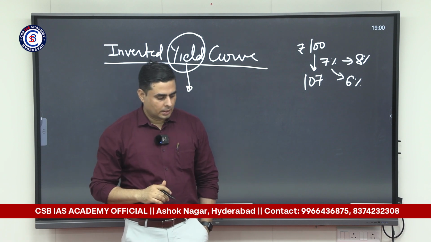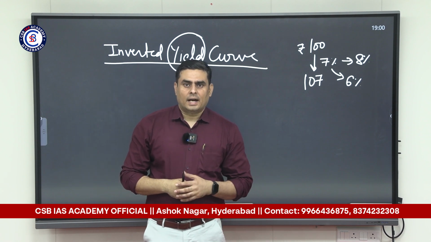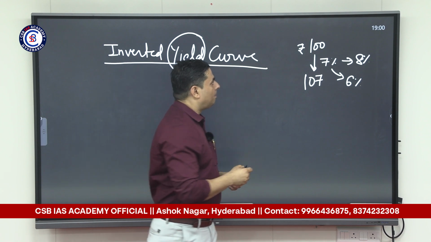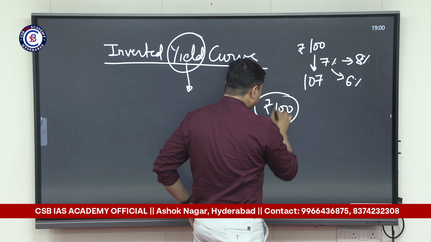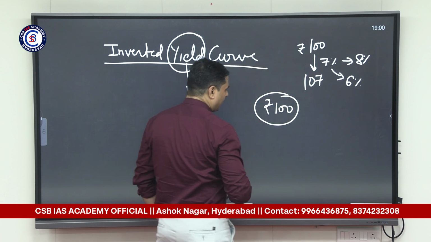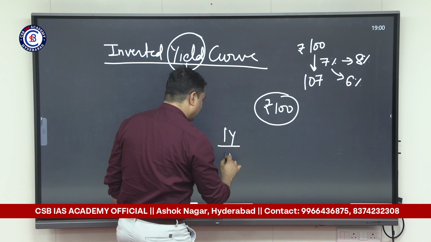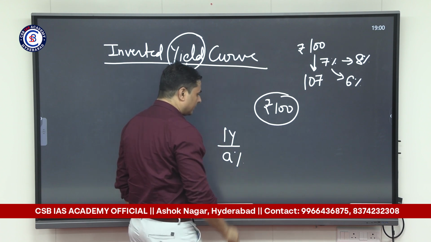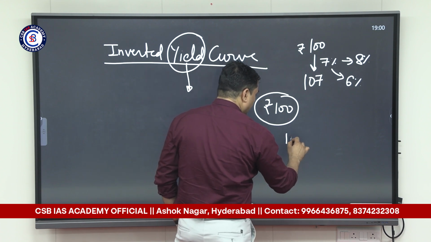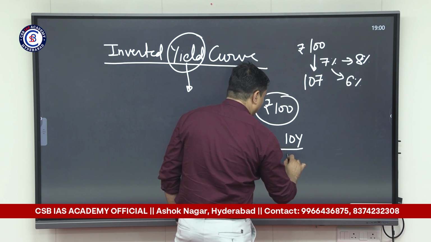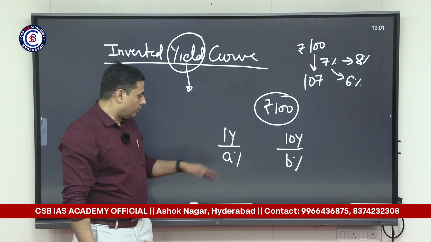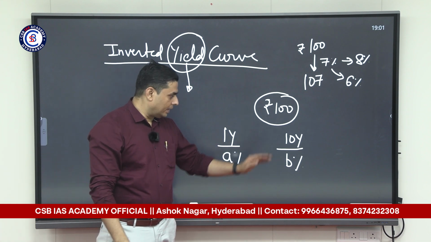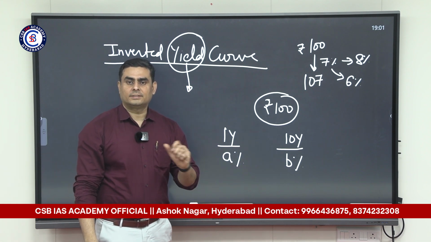Okay, simple. Now, suppose that you are investing 100 rupees in a bank for 1 year, and the bank is offering A as an interest rate. And if you are investing for 10 years, the bank is offering B as an interest rate.